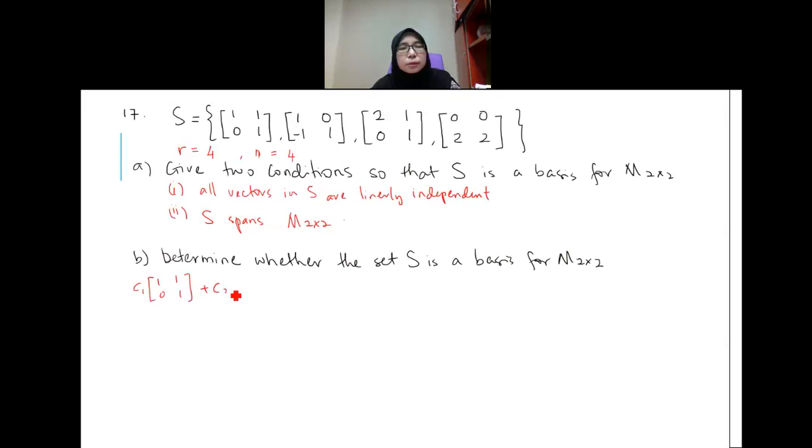C2, 1, 0, negative 1, 1. For this one, R and N are 4, so it will form quite a big 4 by 4 matrix. To get the determinant of a 4 by 4 matrix, you cannot use the usual determinant formula, even though it is a square matrix.